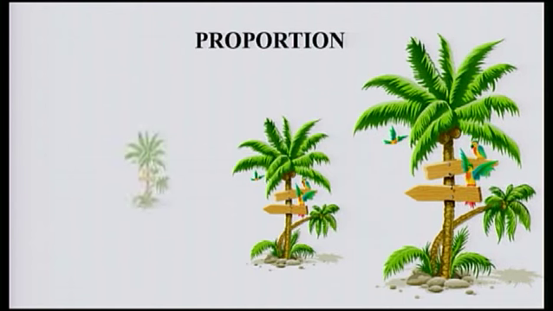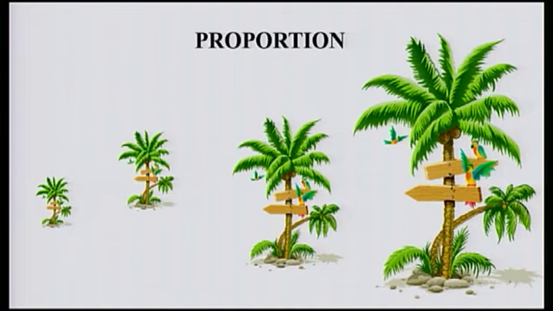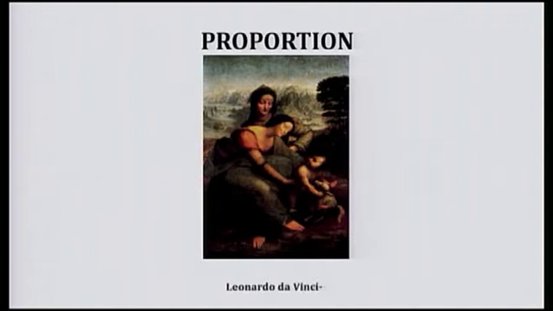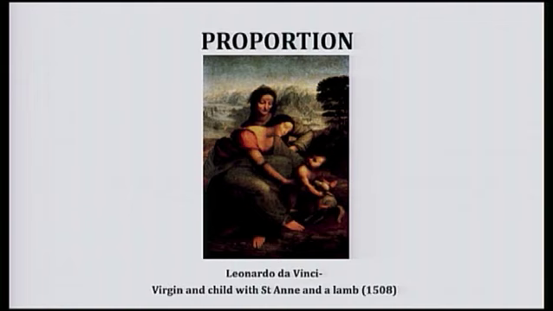Proportion is the relative size of objects or elements in relation to each other in a composition. This artwork of Leonardo da Vinci relates to how elements fit together in terms of size and scale, whether big or small, nearby or distant.